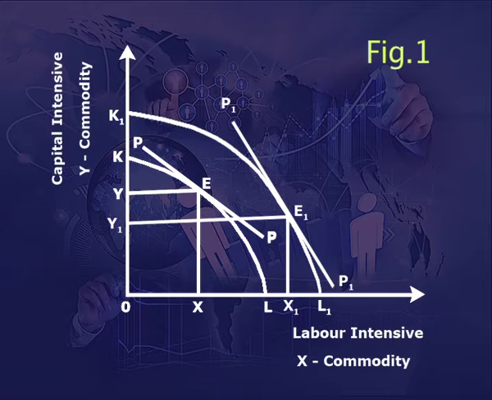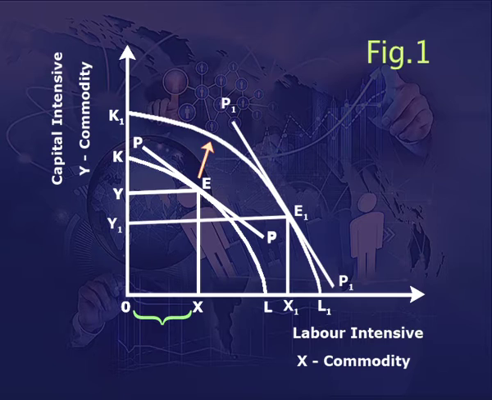If country A exports commodity X, an increase in the supply of its relatively abundant labor endowment tends to increase the volume of its exports. This can be seen in figure 1. Suppose before the increase in the supply of labor, A was exporting OX quantity of X to country B. With an increase in the supply of labor, A's production possibility curve shifts upwards to K1 L1 from KL, and the new production point is established at E1 on the P1.